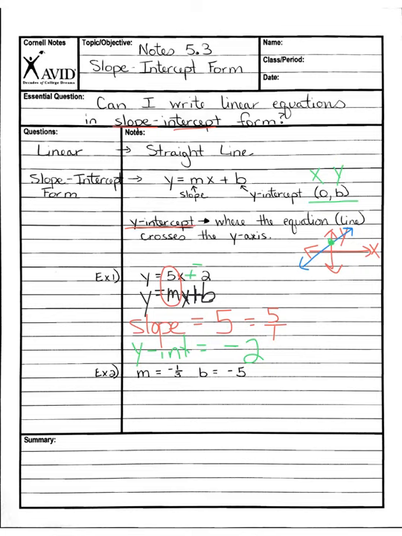Now let's go ahead and look at example 2. The next problems in your practice are going to be like example 2, where what they want us to do is actually just write the equation. They are telling you what the m is, which is your slope, and they are telling you what the y-intercept is, or the b value. So they just want you to write it.